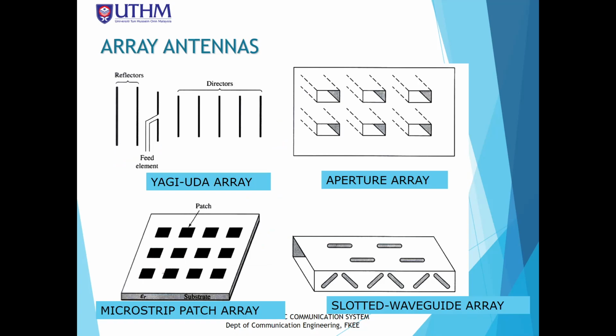And then these are array antennas. Array antenna, for example, Yagi Uda antenna, aperture array, microstrip patch array, slotted waveguide array dan sebagainya. Okay. So Yagi Uda, this is the TV antenna for television.